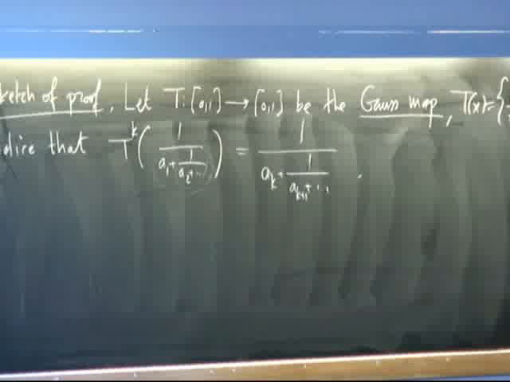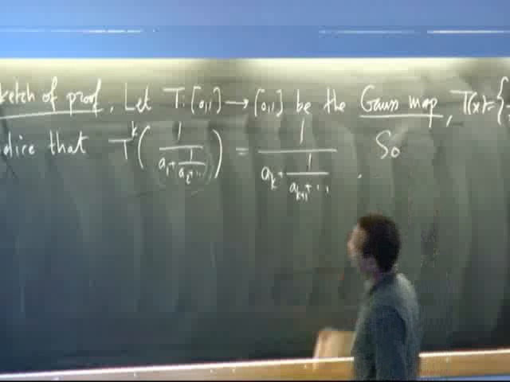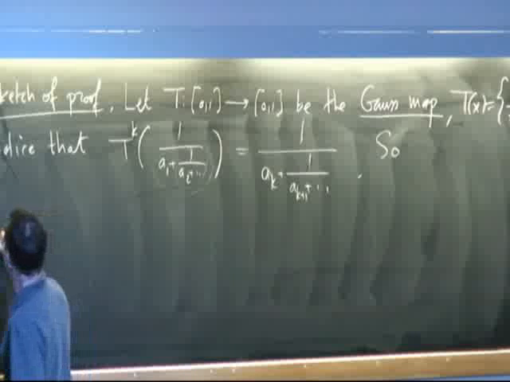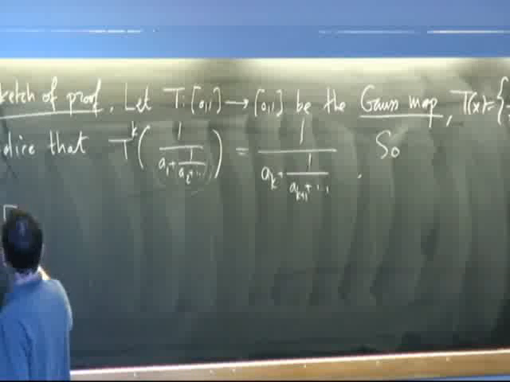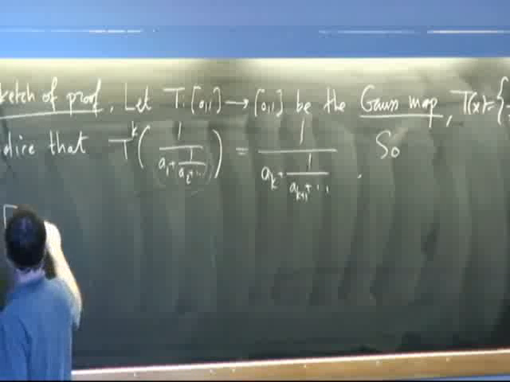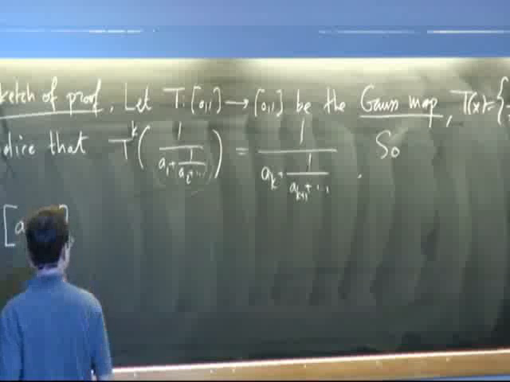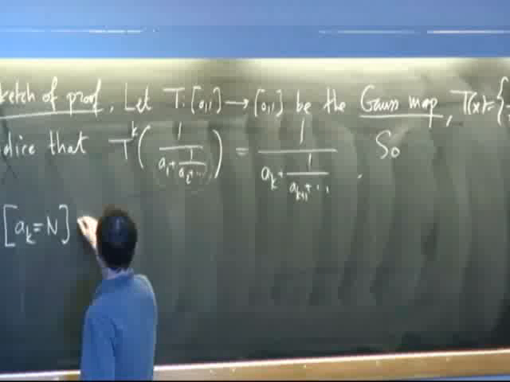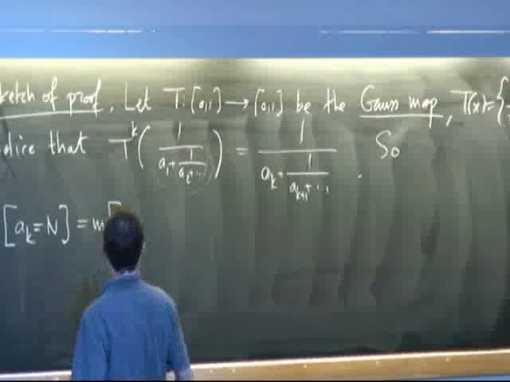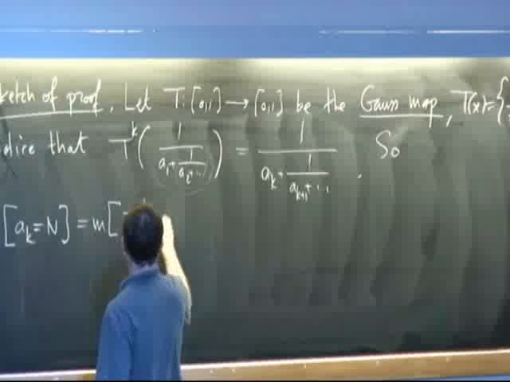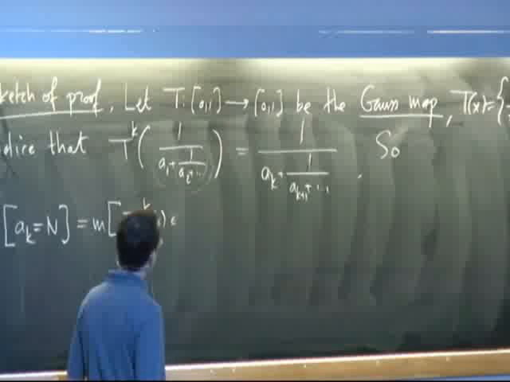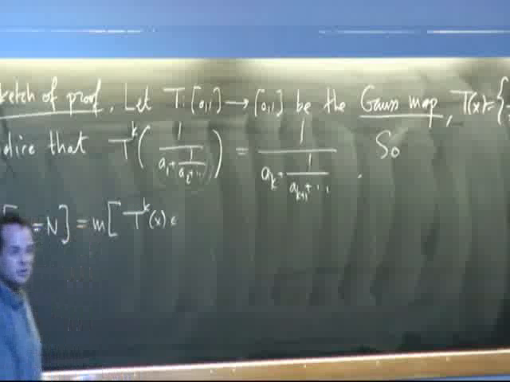And the result of this is that the Lebesgue measure of the event that A_k equals n. This is the Lebesgue measure of the event that T^k x belongs to, well, has a continued fraction which starts with n.